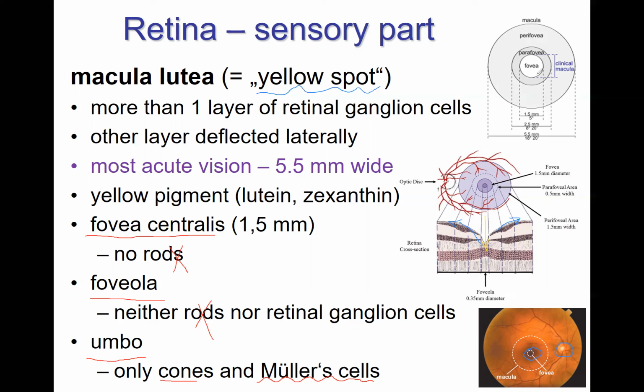And then you come to the parafovea, perifovea and the borders of the macula itself. And the whole macula, as you can see, is a 0.5 centimeter big circular structure. So very important, there exists something which is called macular degeneration.